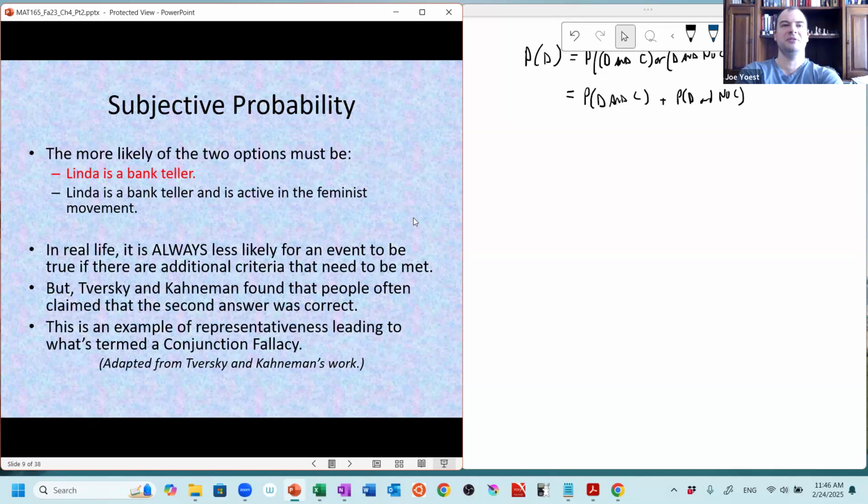Now, I think there is a little bit of discussion to be had here, which is not the context of this lecture, but to what extent is this a failure of language or of linguistic processing, where people interpret the statement Linda is a bank teller to mean Linda is a bank teller and is not active in the feminist movement?